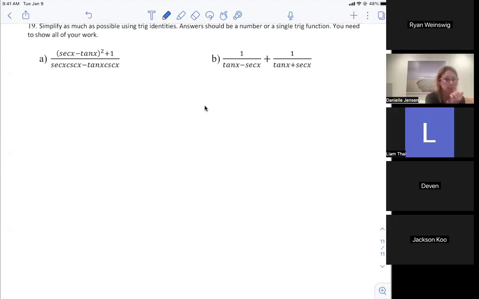It depends on your strategy. I was putting everything back into normal trig: 1 over cosine minus sine over cosine, and for the denominator, 1 over cosine times 1 over sine.